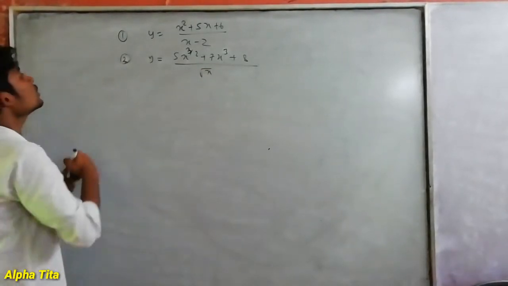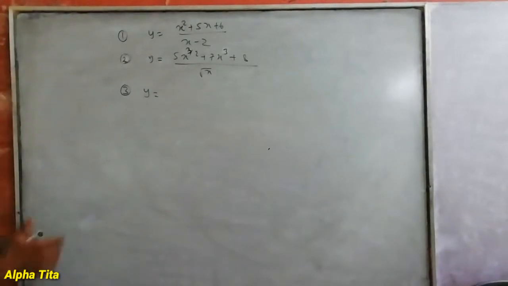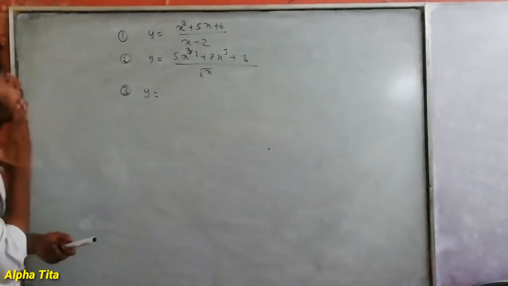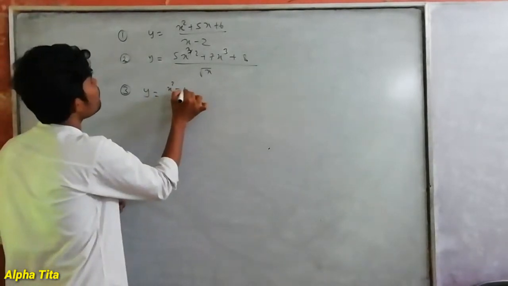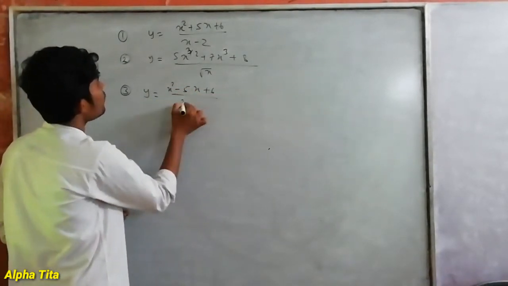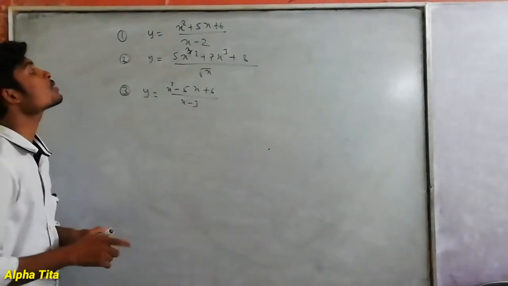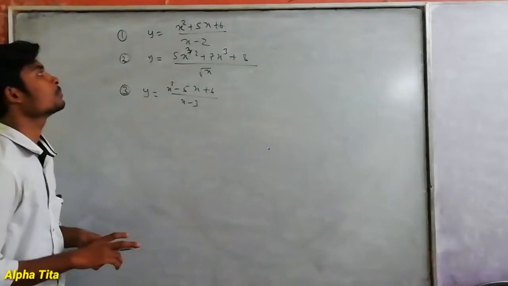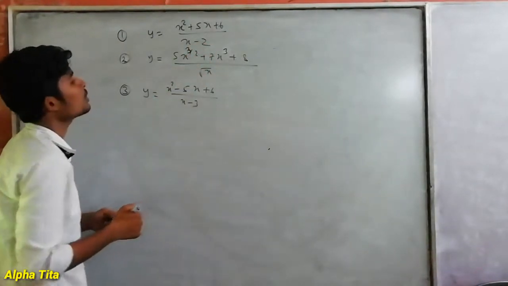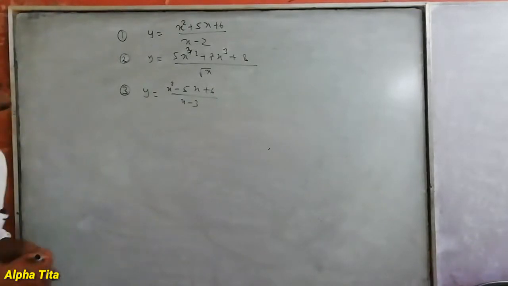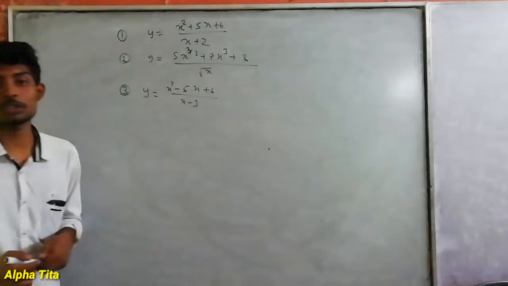And the third question is y equals x square minus 5x plus 6 divided by x minus 3.